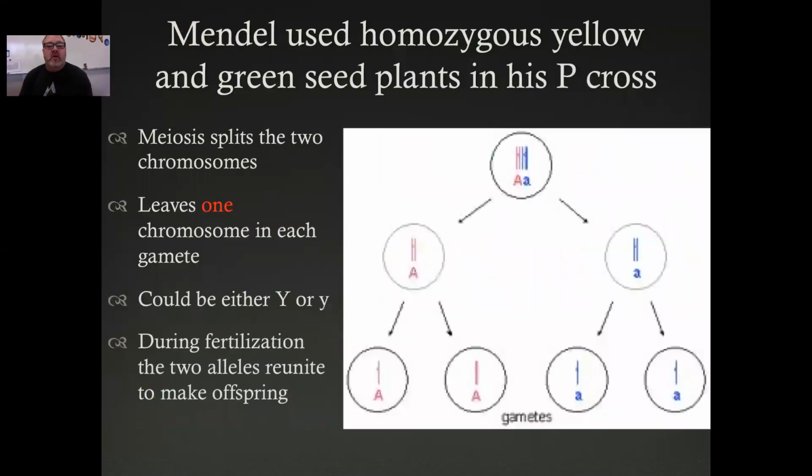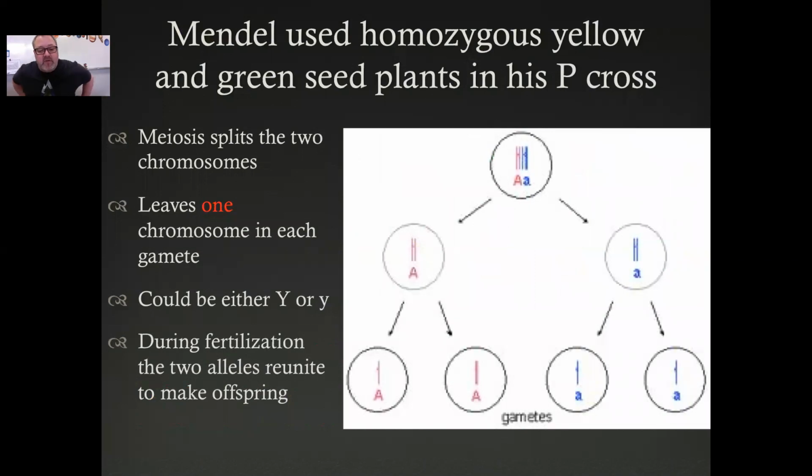Okay, so he used homozygous yellow and green seed plants in his parental cross. So yellow and green, one was homozygous dominant, one was homozygous recessive. During meiosis, it splits the chromosomes. It leaves one chromosome in each gamete. Recall those gametes are haploid. They have half of what they will have once they're fertilized.